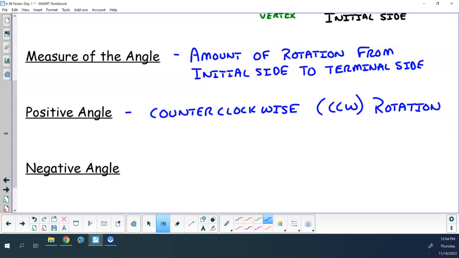So that's kind of like unit circle rotation. Positive angles, we're going in the counterclockwise direction. We could get a negative angle or a negative measurement if we went in the clockwise rotational direction.